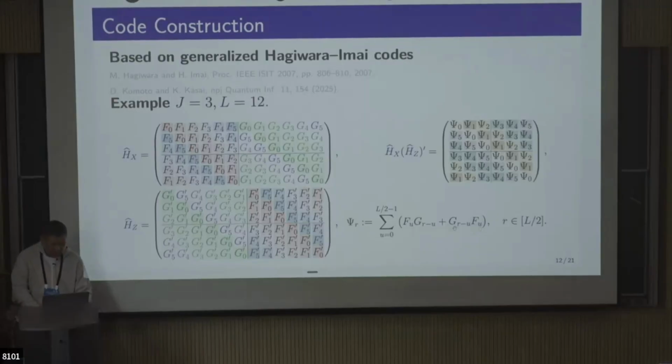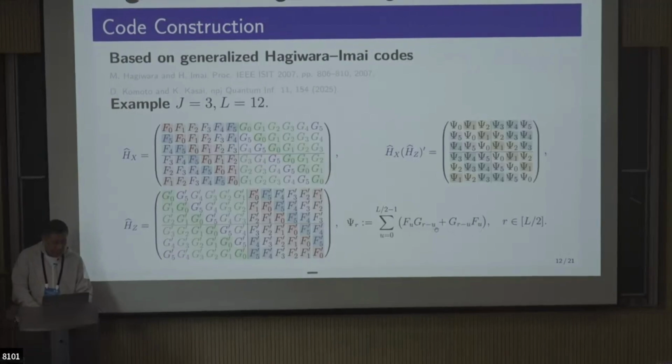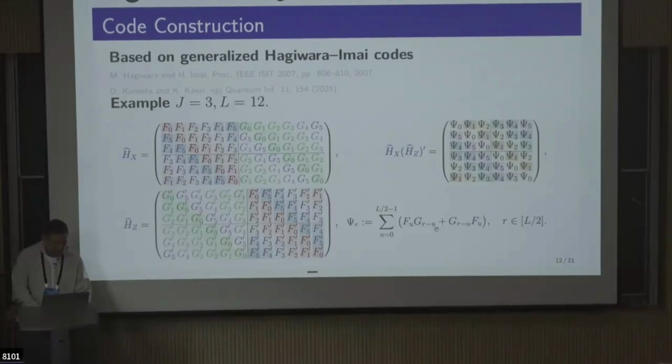This term can be viewed as a commutator over the binary field. If the two permutation blocks F_u and G_{r-u} commute, the two products are identical and cancel each other over the binary field. If they do not commute, this term remains non-zero. Therefore, each psi r is controlled by which Fi and Gj pairs commute.